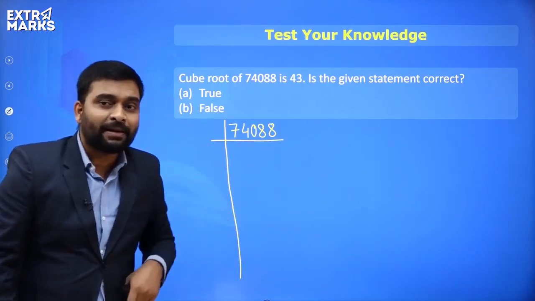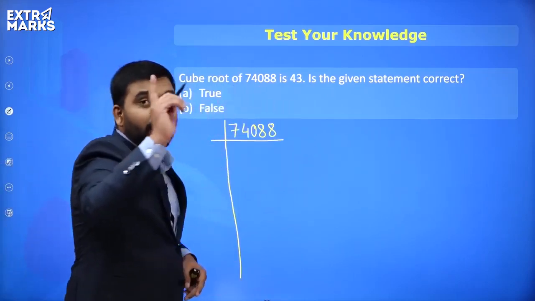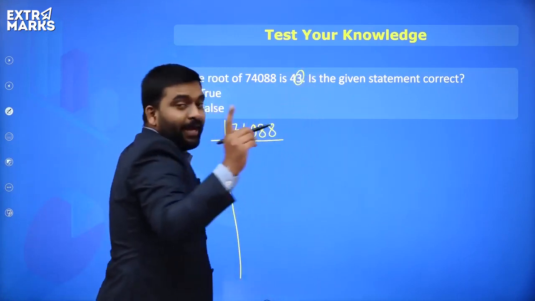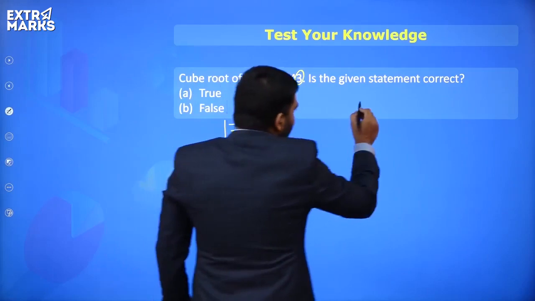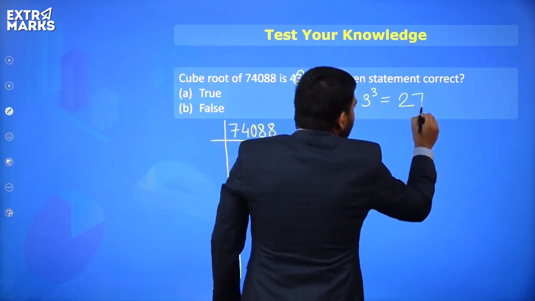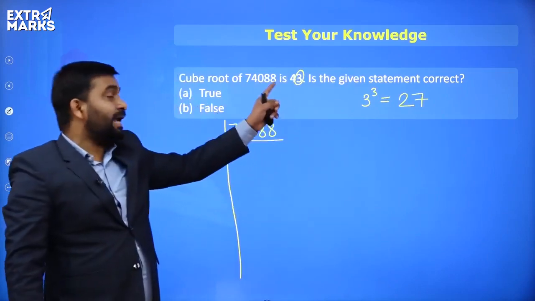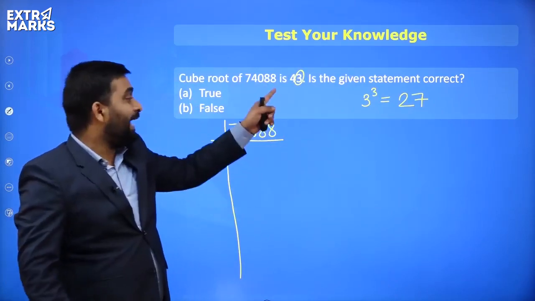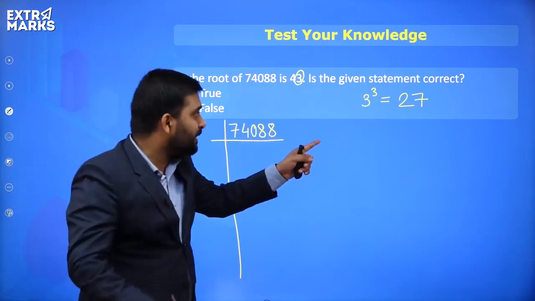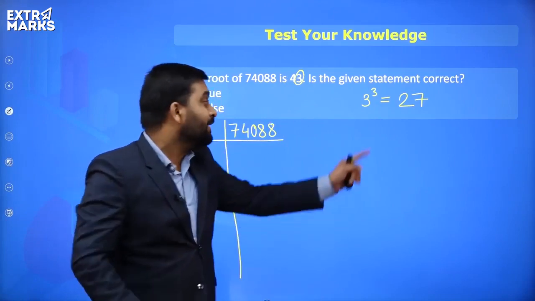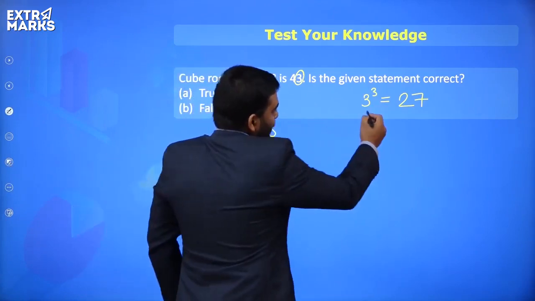If you all remember everyone, if a number ends with 3, let me tell you this thing, right? 3 cube is how much, everyone remember? 3 cube is how much? 27. So if the number is ending with 3, that clearly means the answer's number will also end with 7. You can see now?